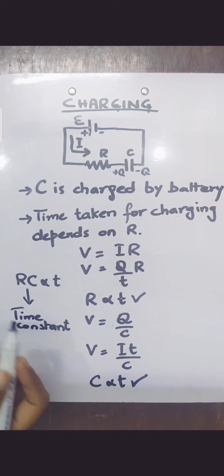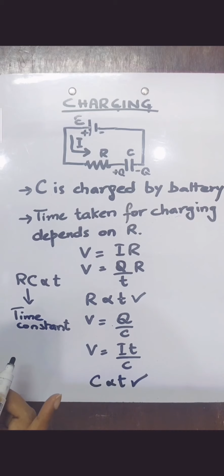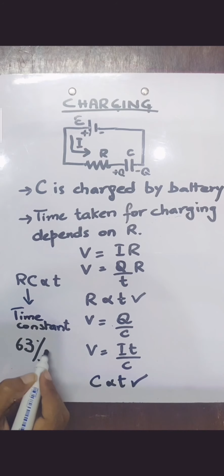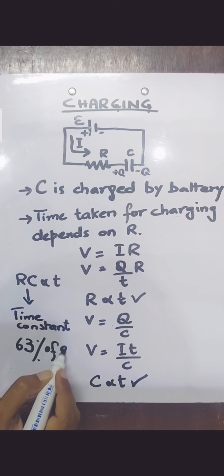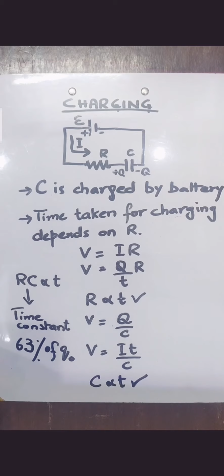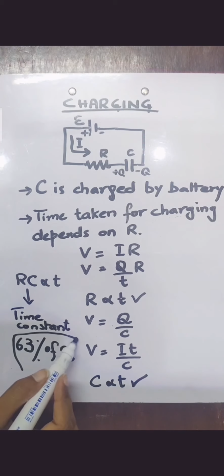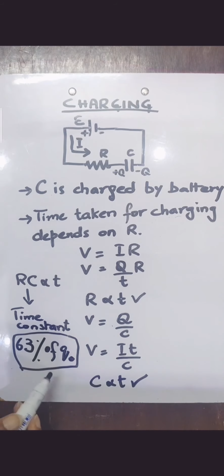The time constant can be defined as the time taken by the capacitor to charge up to 63% of the maximum charge, or the equilibrium charge. So that's how we determine the time constant.